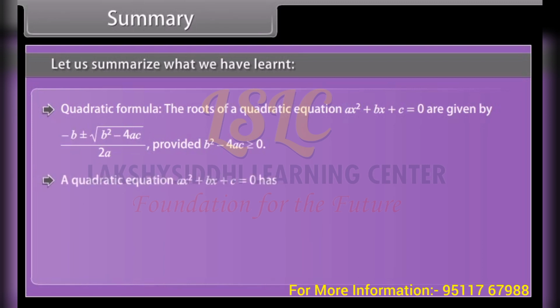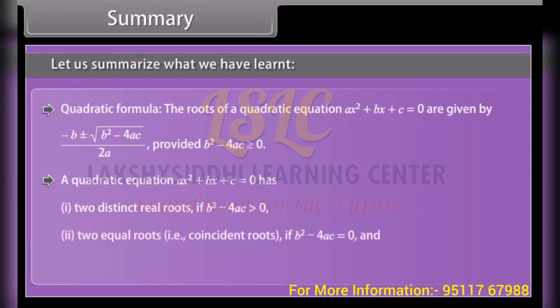A quadratic equation ax² + bx + c = 0 has 1. Two distinct real roots if b² - 4ac is greater than 0. 2. Two equal roots, that is, coincident roots if b² - 4ac is equal to 0. And 3. No real roots if b² - 4ac is smaller than 0.